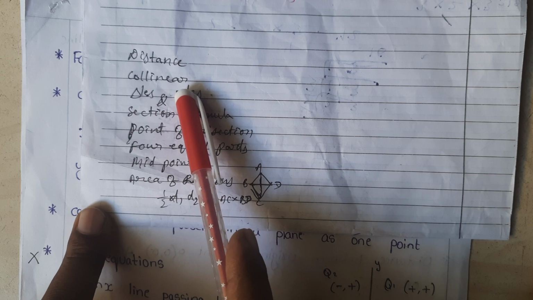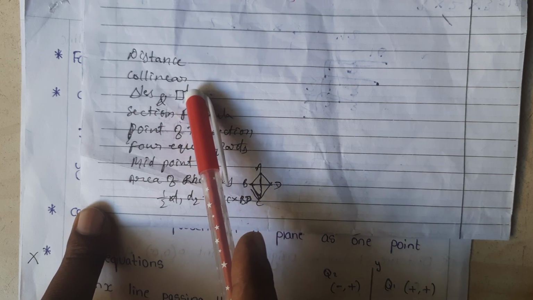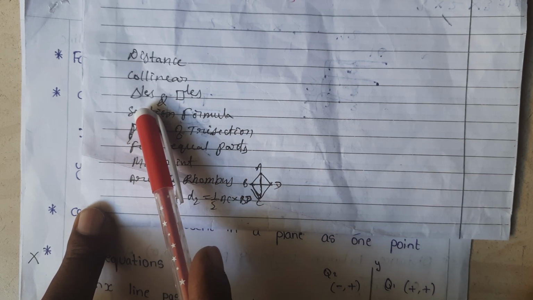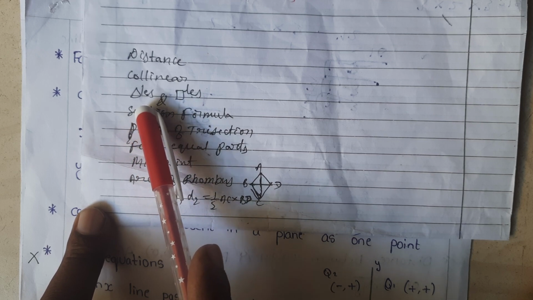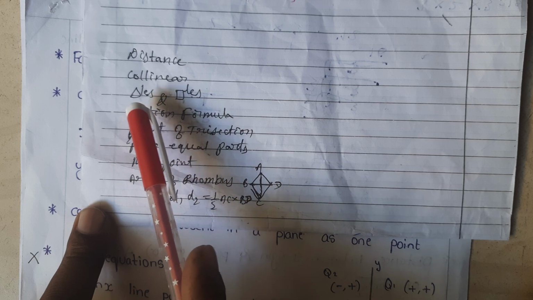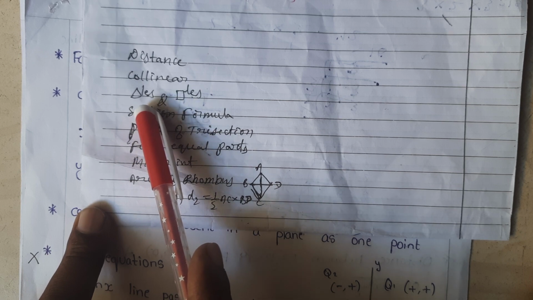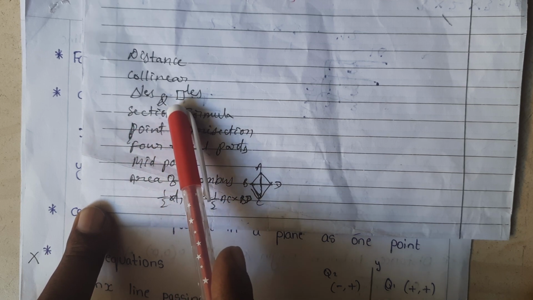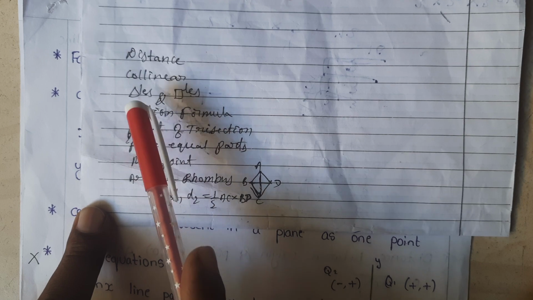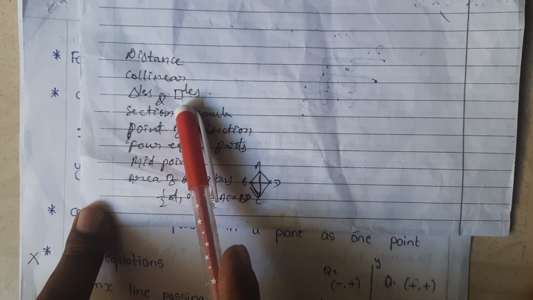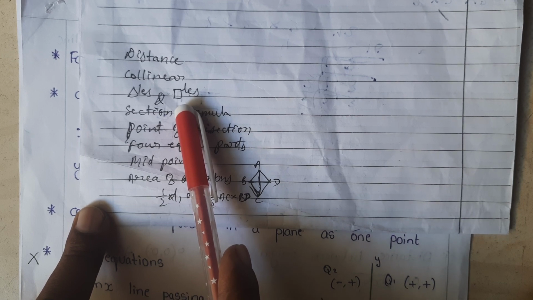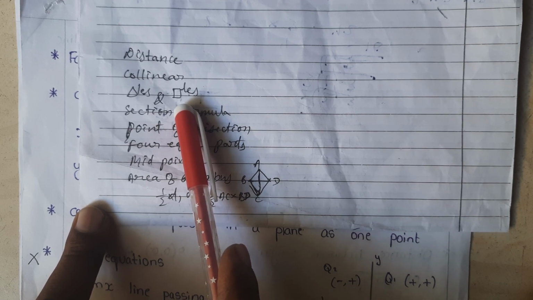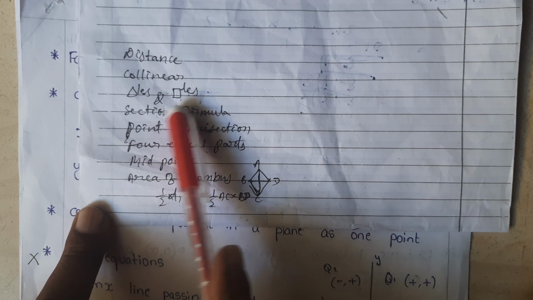Based on the distance, collinearity is given, and based on distance we show triangles: equilateral, isosceles, scalene, from the length values given. This is the symbol of a triangle, you know. Then quadrilaterals: square, rectangle, rhombus, parallelogram. We should show these based on length only.